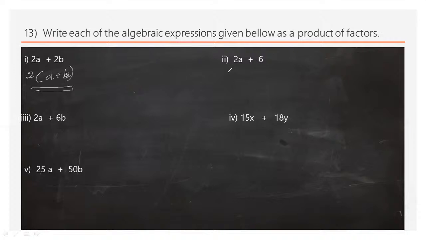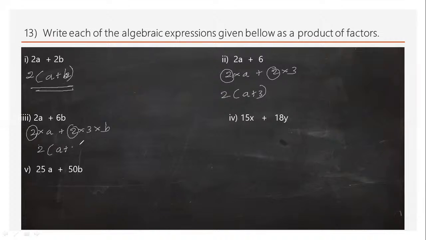Here we can write 2 into a plus 2 into 3. 2 common, 2 out, a plus 3. 2 into a plus 2 into 3 into b. 2 common, 2 out, a plus 3b.